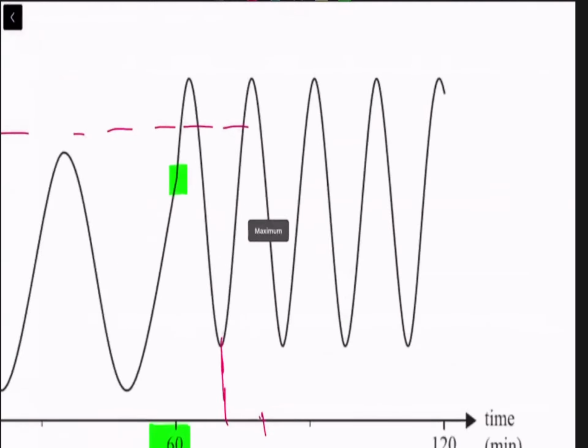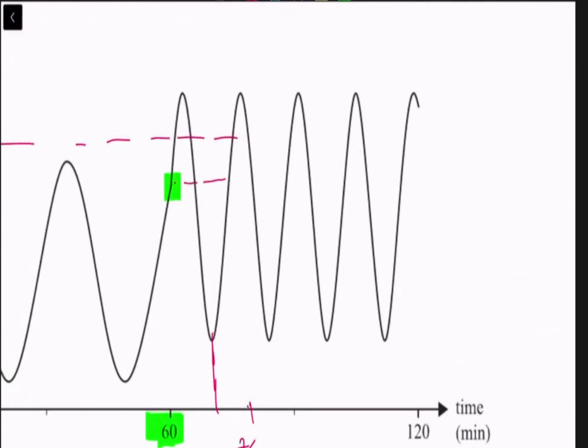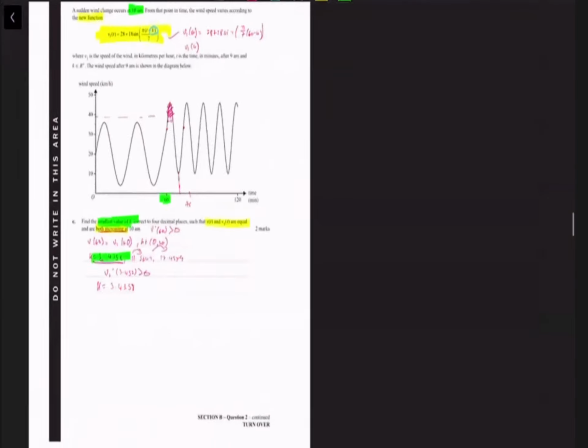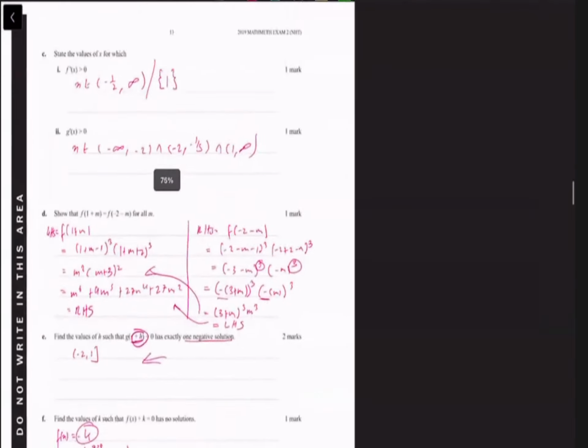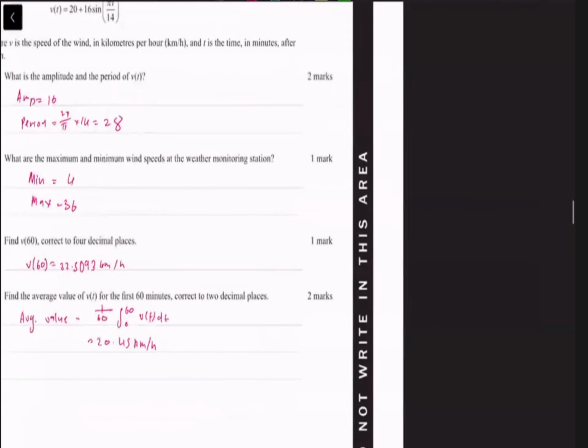So if we take one cycle, say it starts from here and ends from here, and V is 38 is like here. We're just trying to find the time between here over the whole time. The whole time is the period, which we said before was 28.